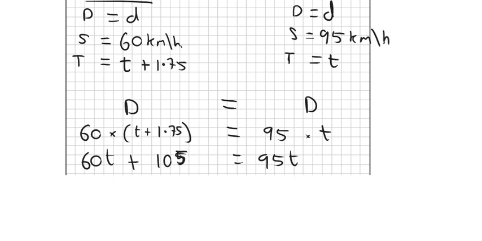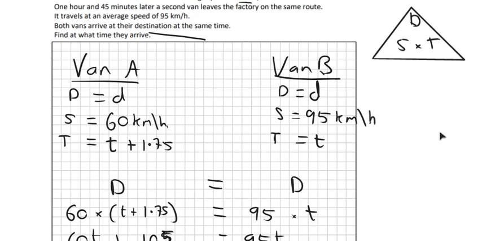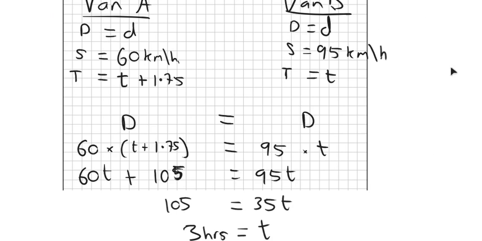So you move the 60T over to the right hand side and it becomes minus, so we're left with 35T is equal to 105, and then you divide across by 35, so that works out nicely to be 3. And remember, it's in T, so it's in hours. We left everything in hours. So T is 3 hours.